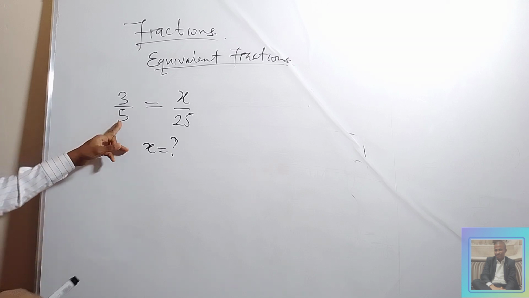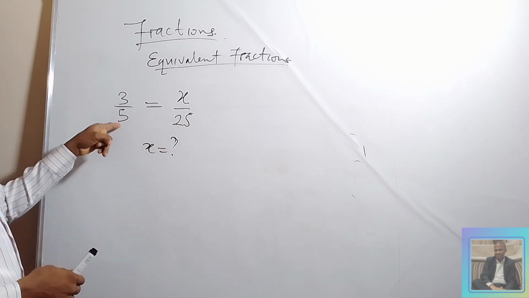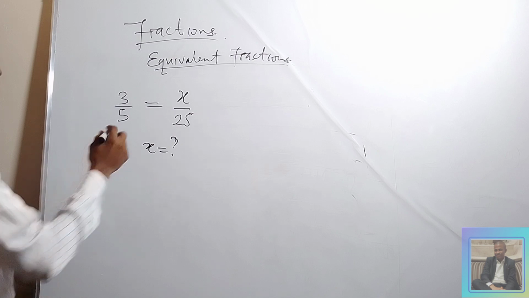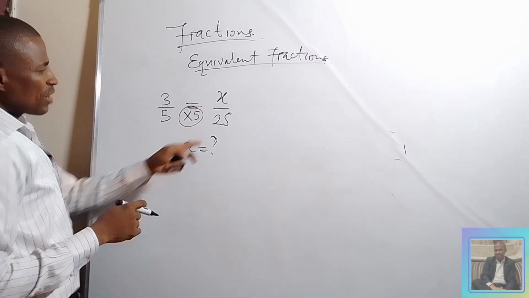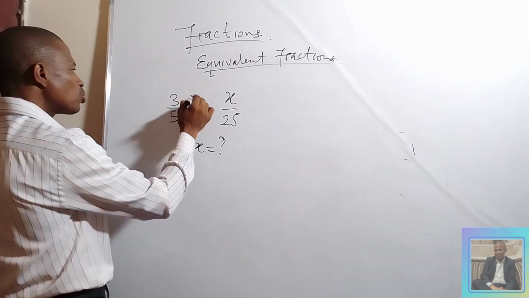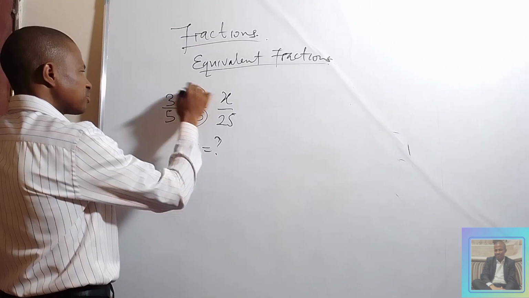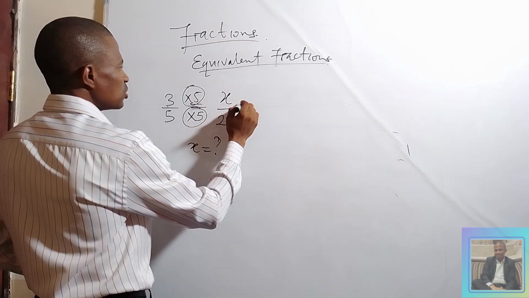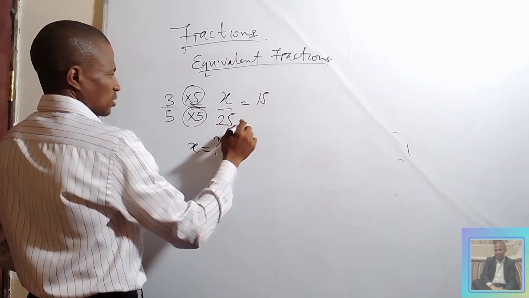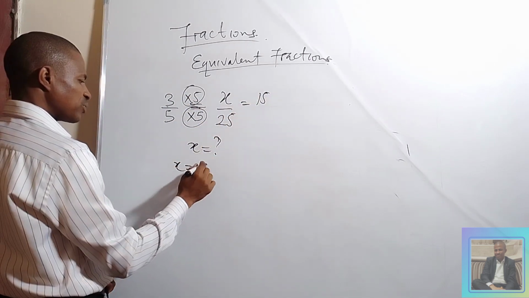We look at this 5 and we look at 25. What was done to this 5 to make it 25? They multiplied it by 5. So to have an equivalent fraction, we must also multiply the numerator by 5. 5 times 3 will give us 15. So x is equal to 15.